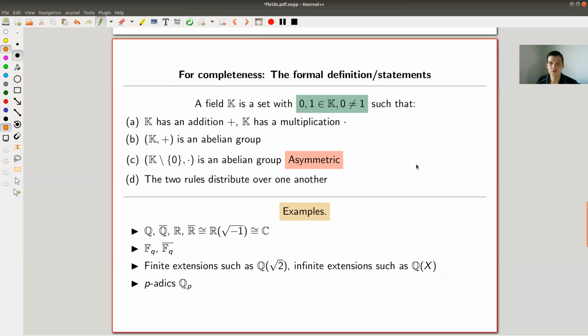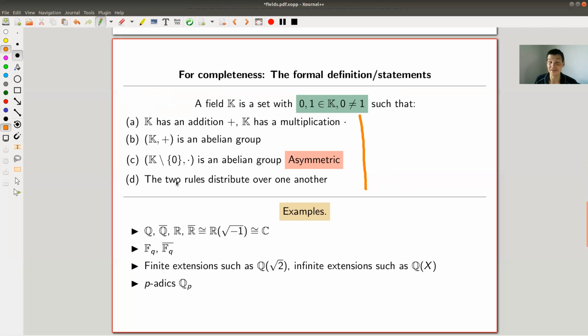Okay, so what is a field now? A field, as I said, is just a set with two elements that are not equal, let's call them 0 and 1, together with the usual properties of what you would see as a ring. So we have two operations, an addition and a multiplication. It's an abelian group with respect to addition. It's an abelian group with respect to multiplication.